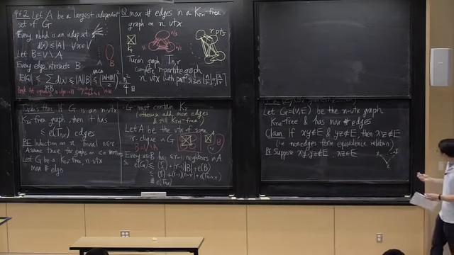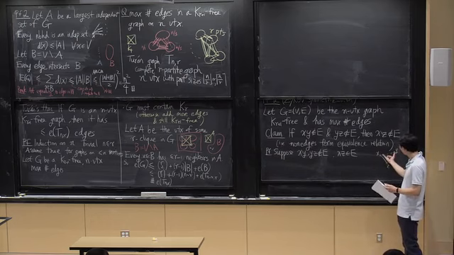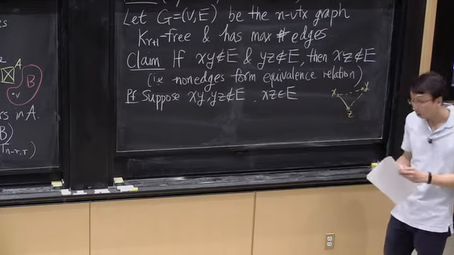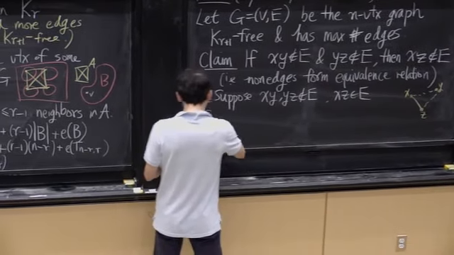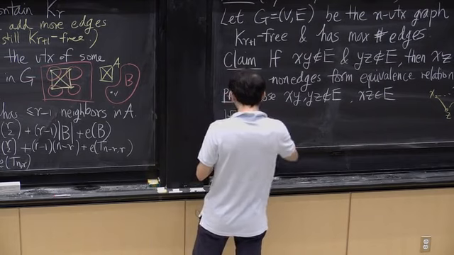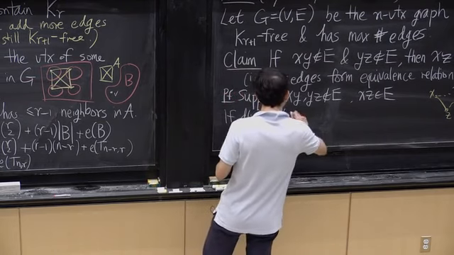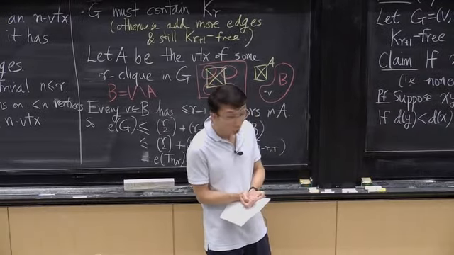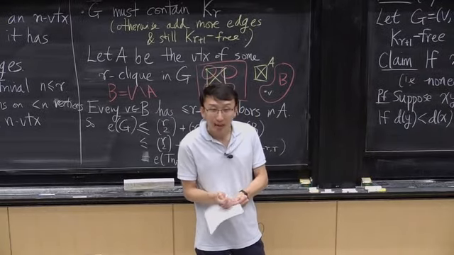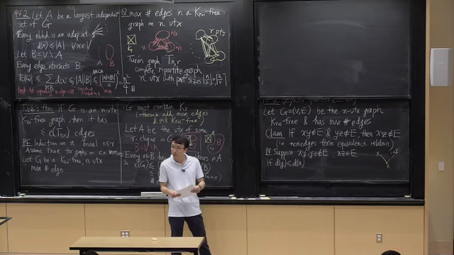Let's think about what happens to the degrees of non-adjacent vertices. I claim that if the degree of y were smaller than the degree of x, then I can do something to the graph that violates the maximality of the number of edges.